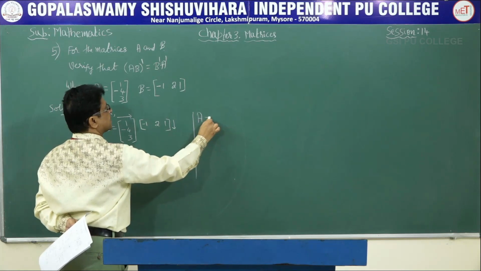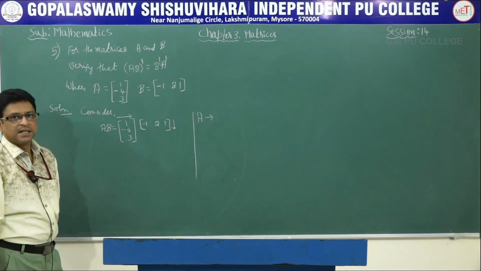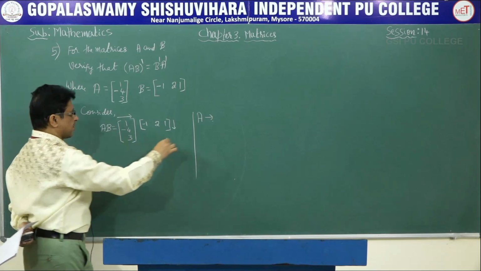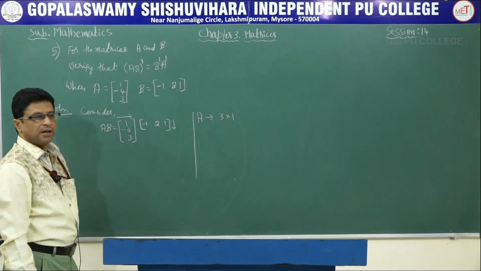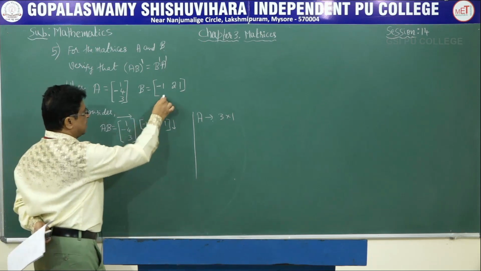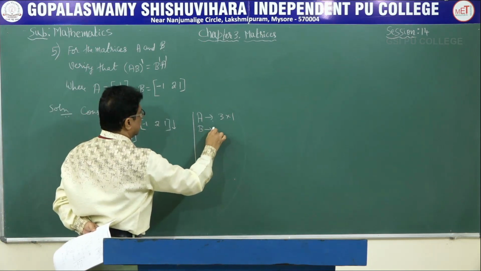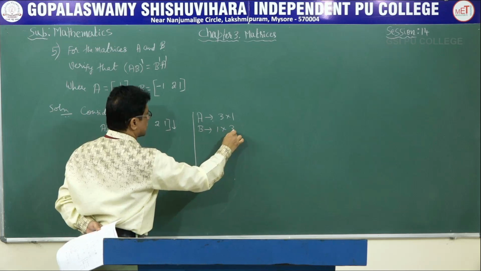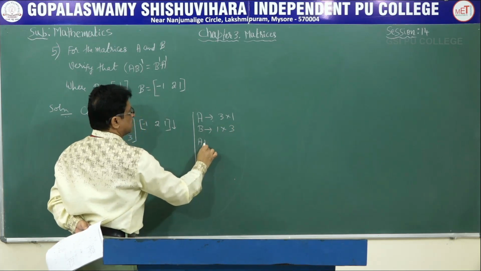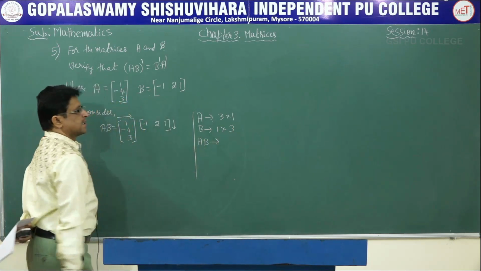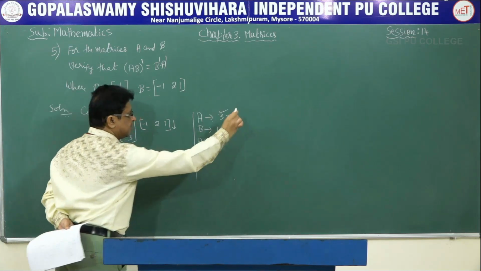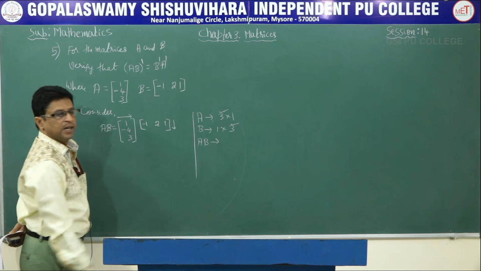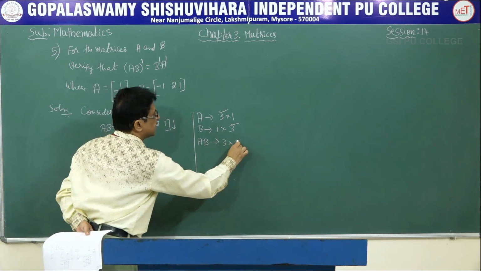See, A matrix is of the order 3 cross 1 and B matrix is of the order 1 cross 3. The product matrix AB will be of the order 3 into 3.